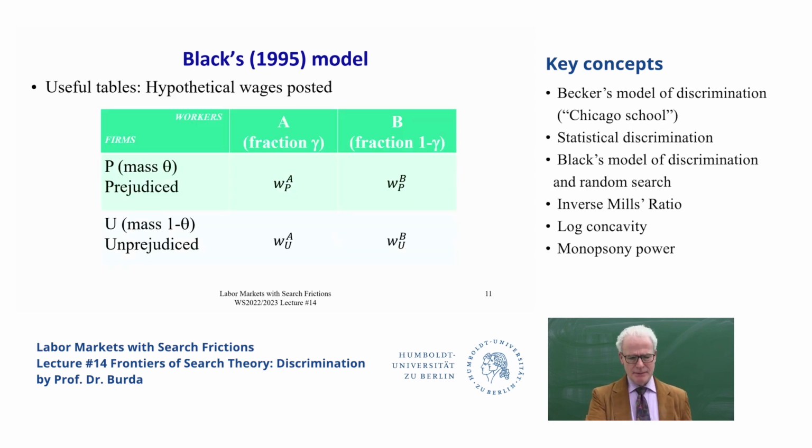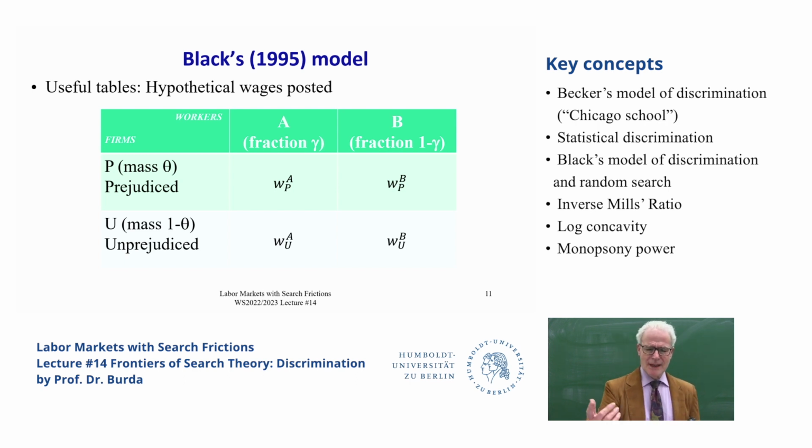So this is a table to think about it in case you haven't fully understood. You have two types of workers, A and B, and you have P firms and U firms. And this theta is the mass, the fraction of the unit interval of firms that are prejudiced.